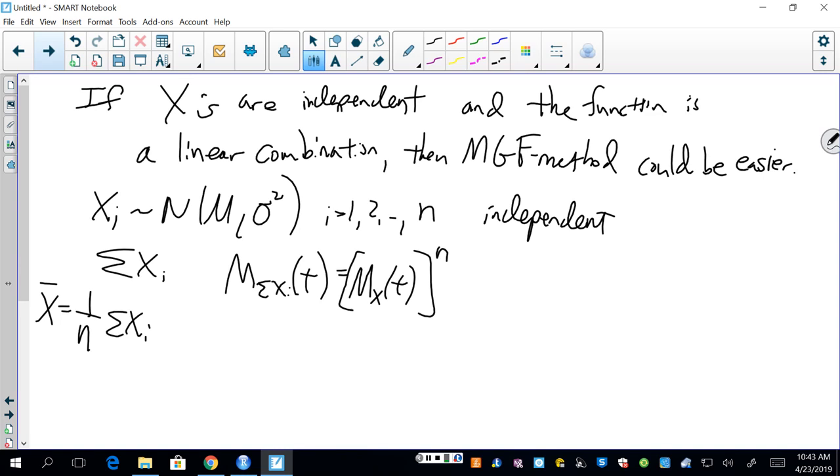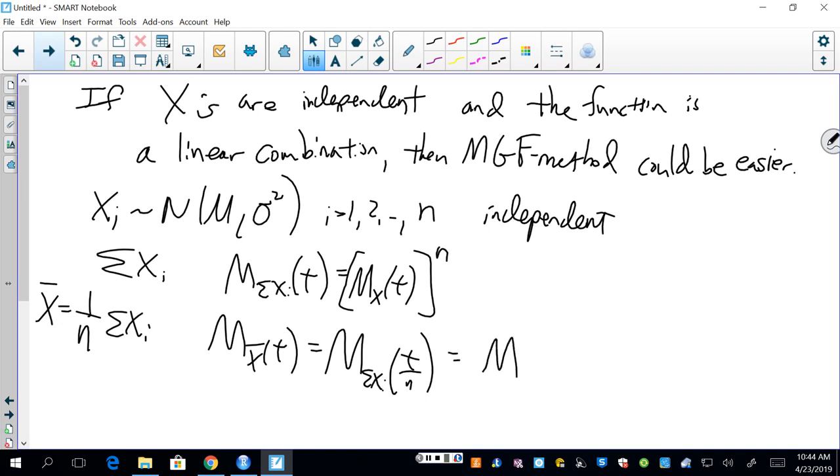And if you transform something by multiplying it by something, the way it changes the moment-generating function is you end up with a t over n there. And so combining those things is the moment-generating function of an individual one, evaluated at t over n, raised to the nth power.